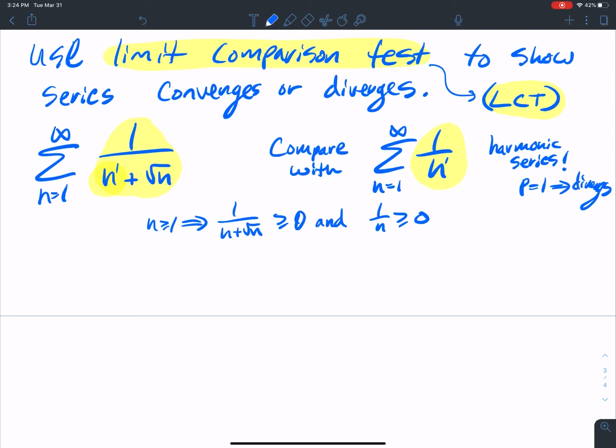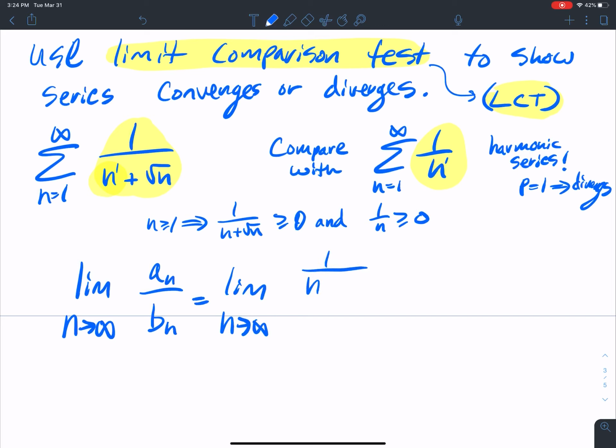Okay? Now, I take the limit as n goes to infinity of what? Well, it's the an over bn, right? So this is the limit as n goes to infinity of, well, the first one is 1 over n plus the square root of n divided by 1 over n. Okay?